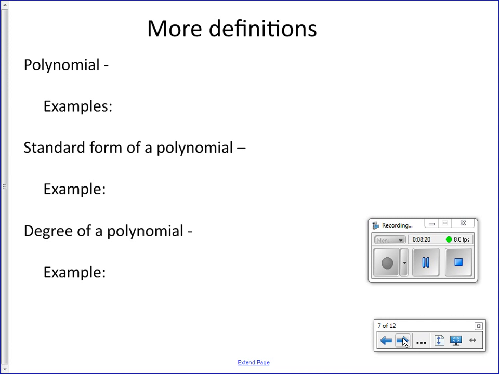All right, some more definitions. A polynomial is defined as a monomial or the sum of monomials.